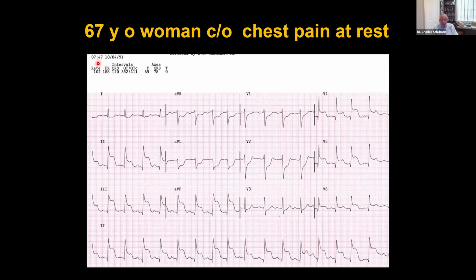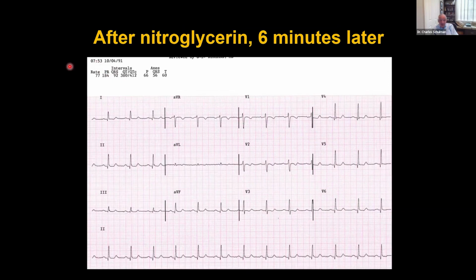Notice the time right here, 7:47 in the morning. Somebody gave her a nitroglycerin. And after nitroglycerin, 6 minutes later, the ST segment abnormalities are gone. You see that? Gone. And this represents coronary vasospasm.